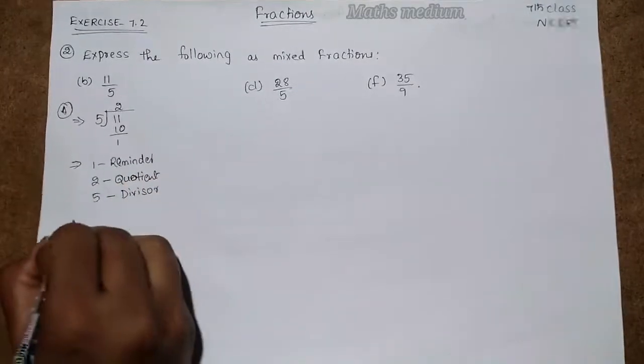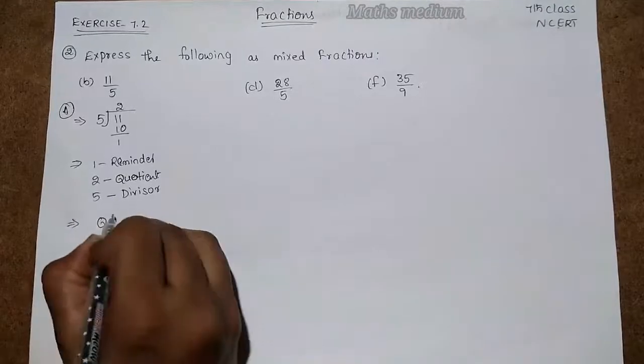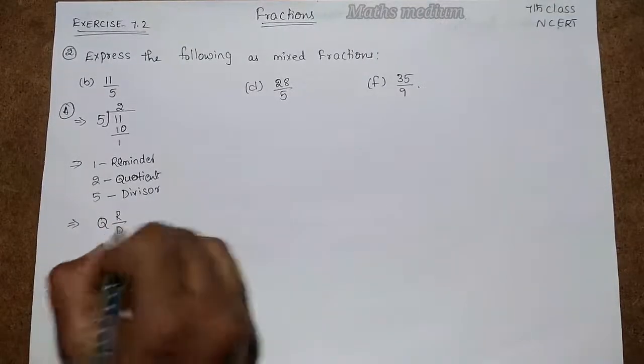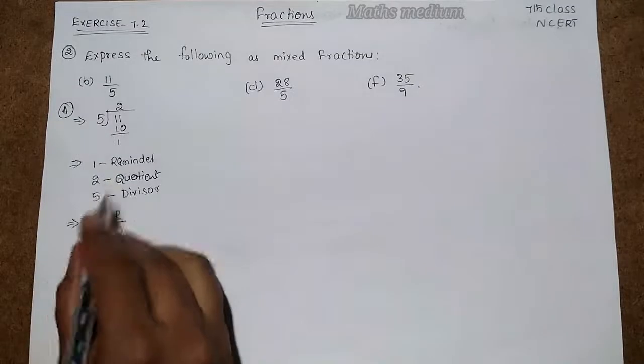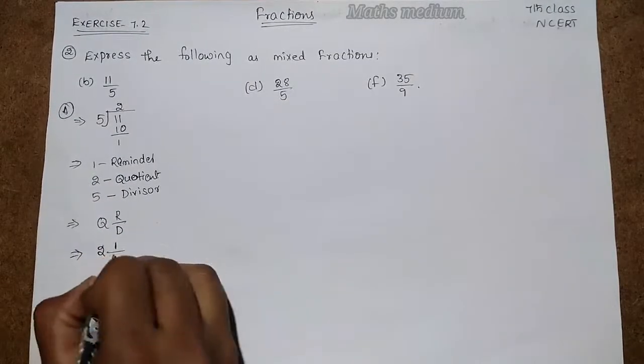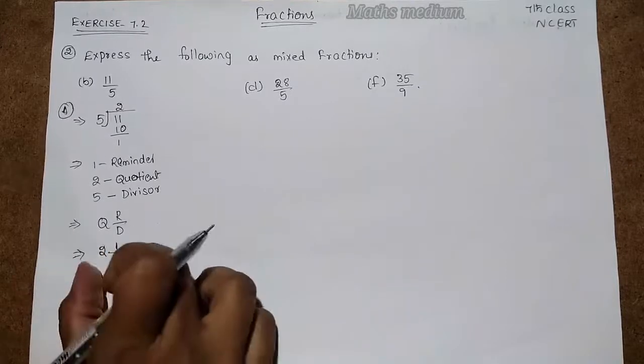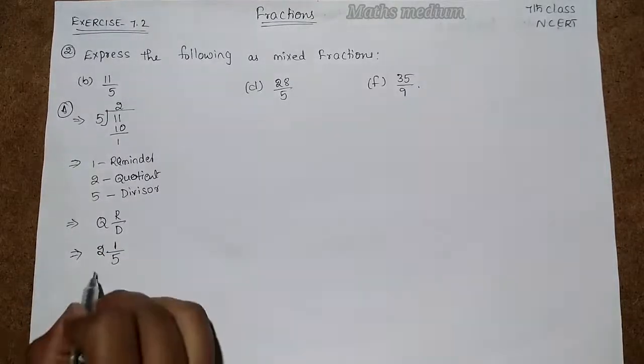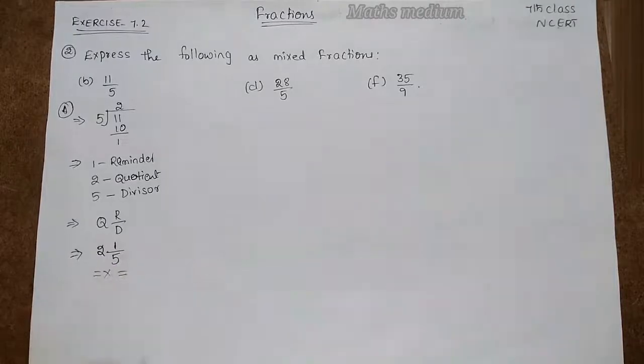So from this we can write quotient, remainder by divisor. So from this the quotient is 2 and remainder is 1 and divisor is 5. This is the representation of improper fraction as a mixed fraction.